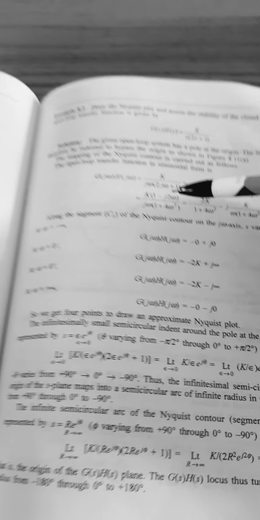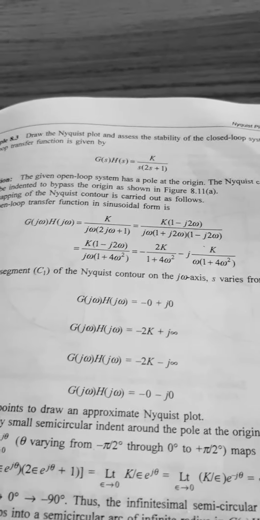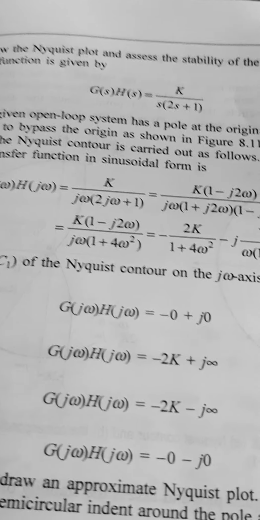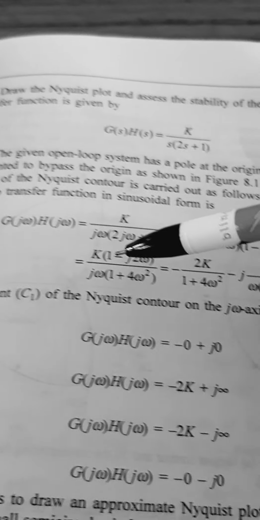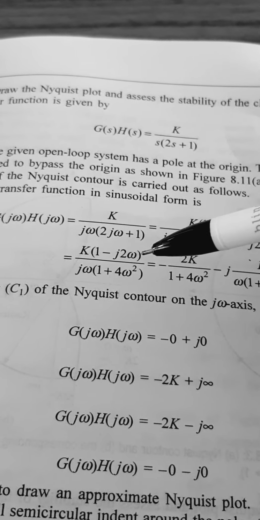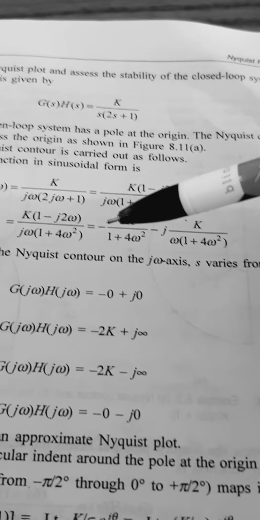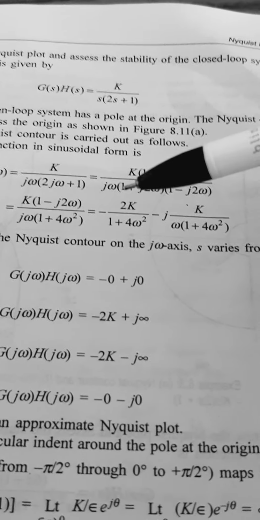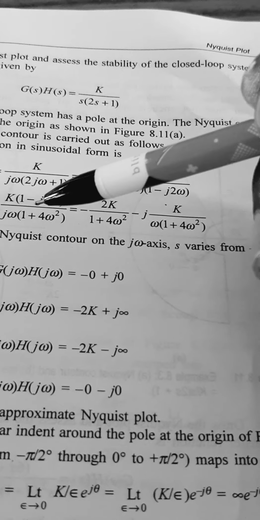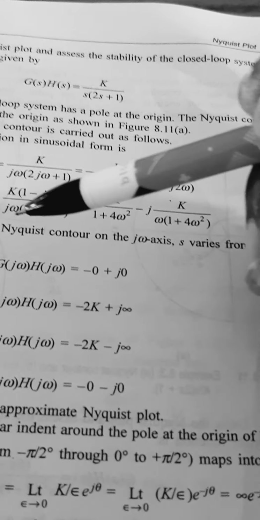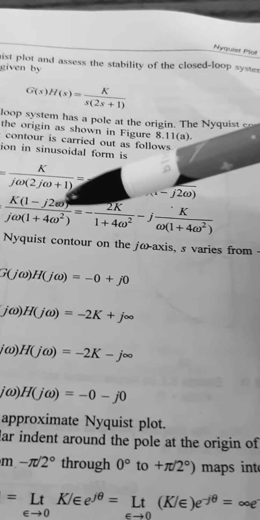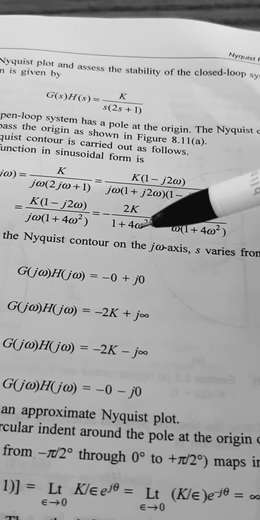So here, as you can see, k into 1 minus j 2 omega divided by j omega into 1 plus 4 omega square becomes: there is a minus term anyway. j will be cancelled, omega will be cancelled, 2k divided by 1 plus 4 omega square.